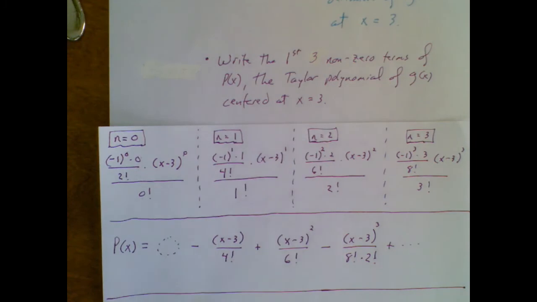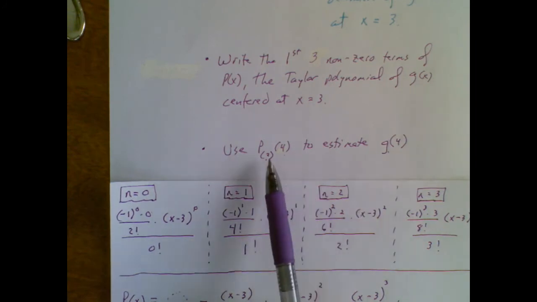This could be a way that the AP tests your ability to use the magic formula to build a polynomial approximation without you depending upon taking derivatives on your own of a real function. By the way, these are the first 3 non-zero terms because that first term ended up being a 0, but it's kind of a coincidence that it's also a third degree polynomial. Your first 3 non-zero terms doesn't have to end up being a third degree polynomial.